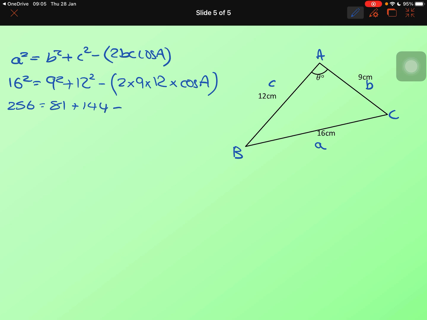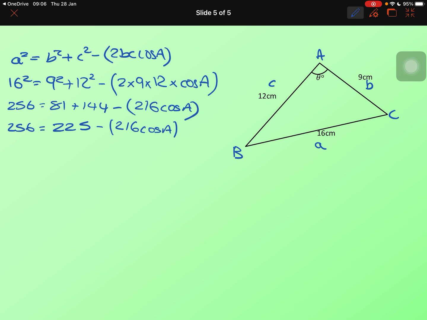Minus 2 times 9 times 12 to give us 216 cos A. Again, work your next bit out. So we'll do 81 plus 144 to give us 225 minus 216 cos A.